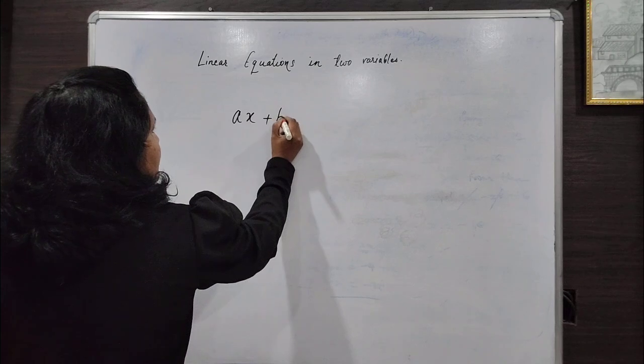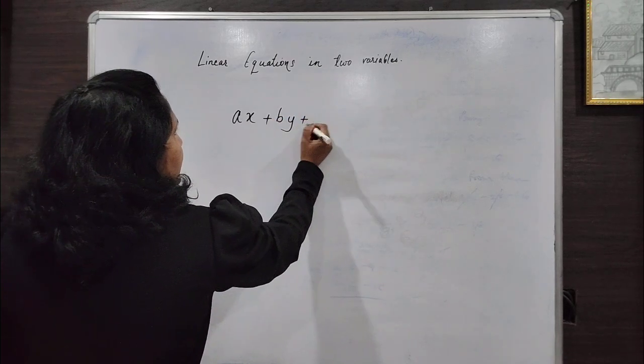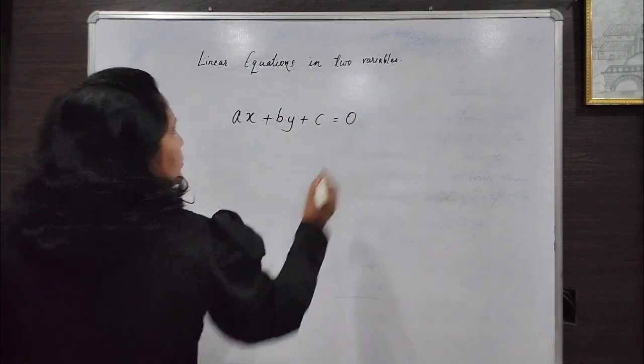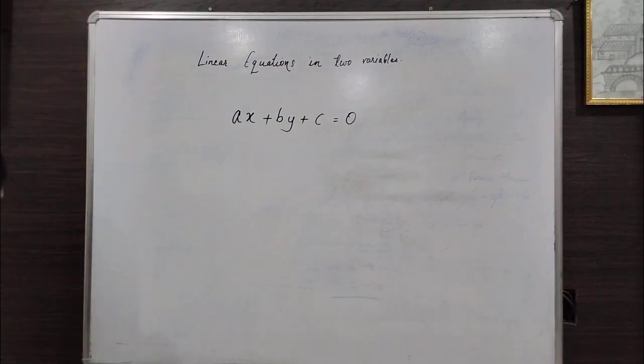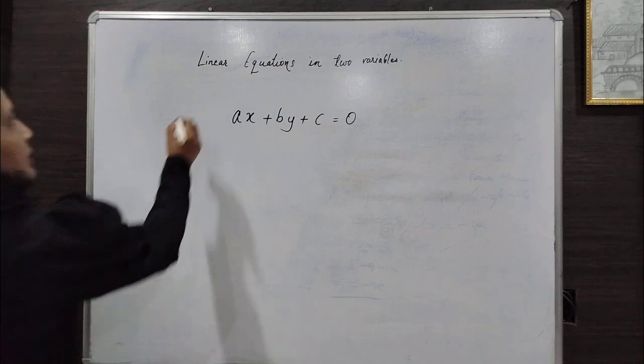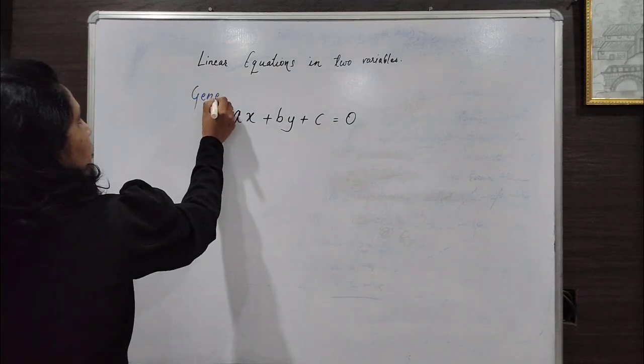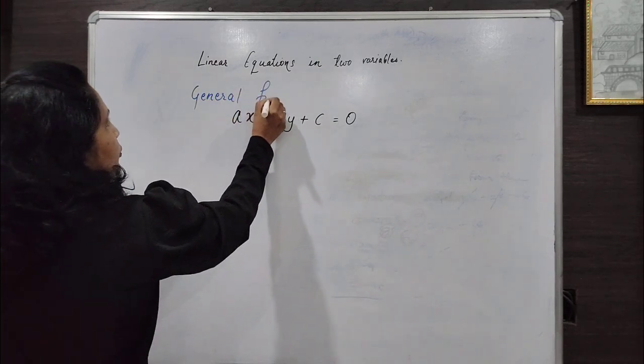ax plus by plus c is equal to 0. This is the general form of the linear equation in two variables.